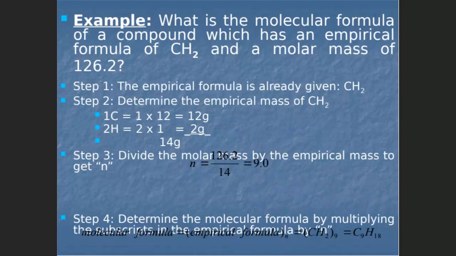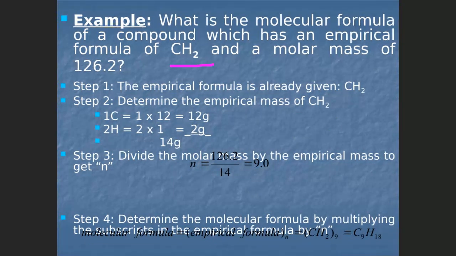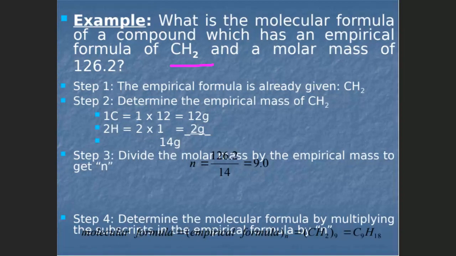What is the molecular formula of a compound which has an empirical formula CH2 and a molar mass of 126.2? As I said, sometimes we give you that. We can make a question on empirical formula, and we can make a question on molecular formula. Sometimes we ask for the empirical first and then the molecular, and if you do that, your points will be higher.